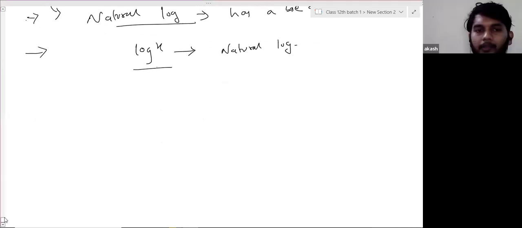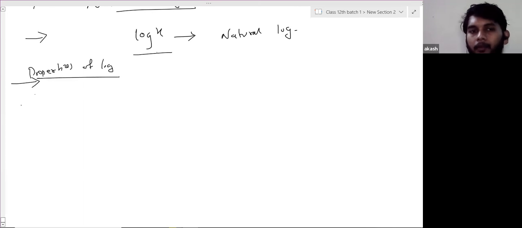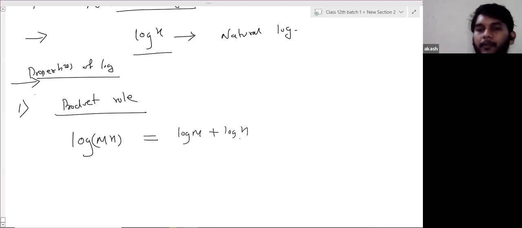All right. A few properties of log which are very necessary. First property is product rule. If you have two numbers multiplied in logarithm, then we can write this as log m plus log n.